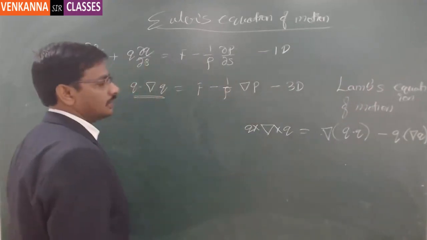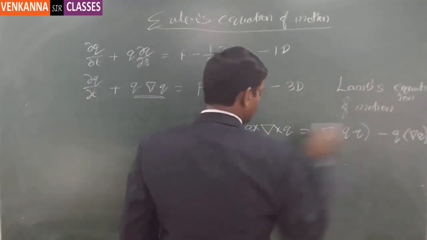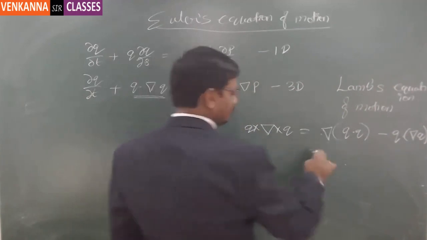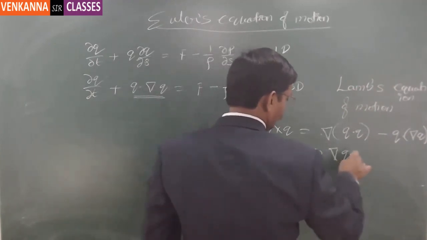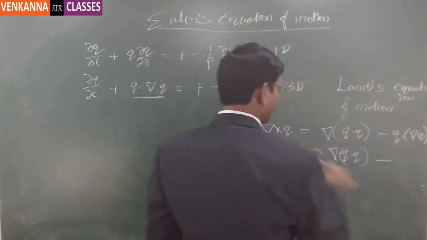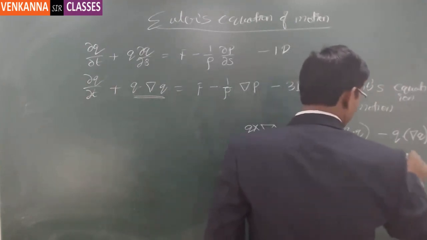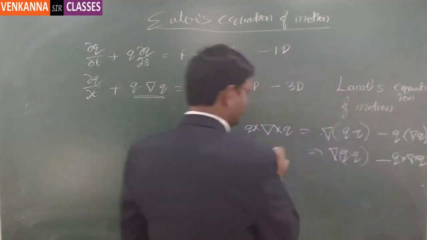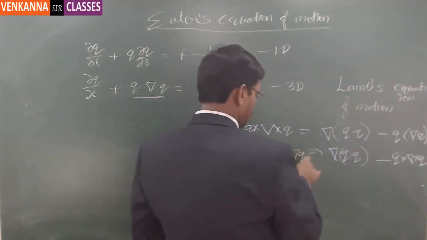So this is the vector identity. Now if you bring this to this side and this to the other side, then this will be del of q dot q minus q cross del cross q, and this is equal to q dot del q.